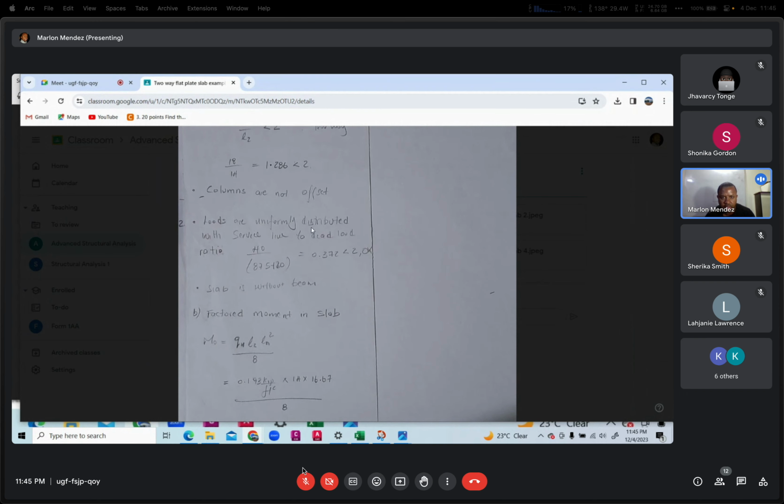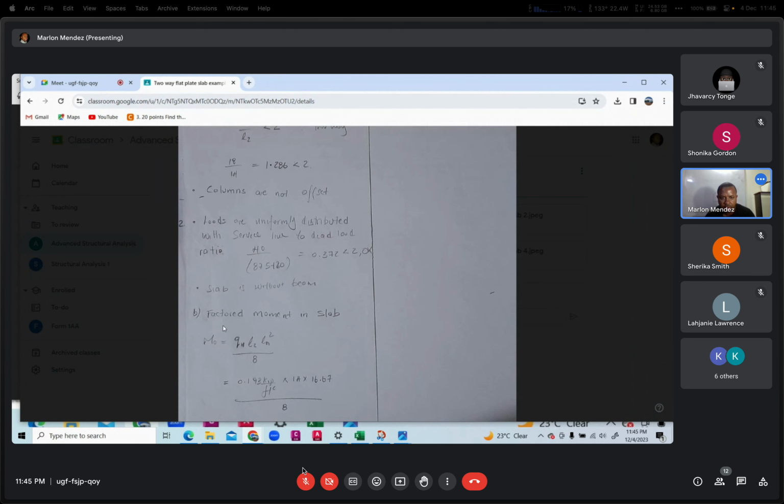You do your checks to make sure you record the checks. Loads are uniformly distributed, as seen in terms of dead load. The ratio of the live load to the dead load is 40. The dead load is that plus that. So it is less than twice the dead load. So therefore that is okay.